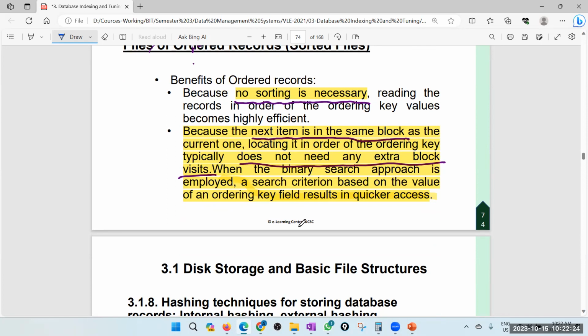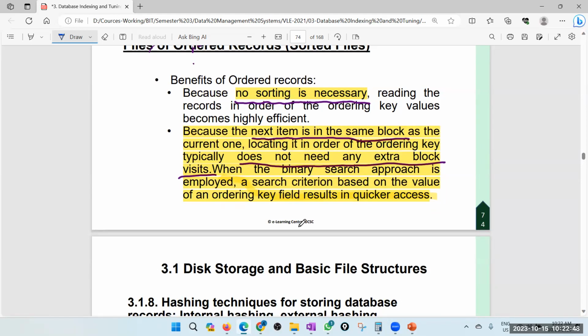And also, if you are looking for something like the 1000th and 1001st record, we can assume that the 1001st record is also in the same block because data is sorted. And it's good for range checks also. Sometimes we are looking for something between, say it's ordered by marks. Say you are looking for students who have got marks 40 to 50.